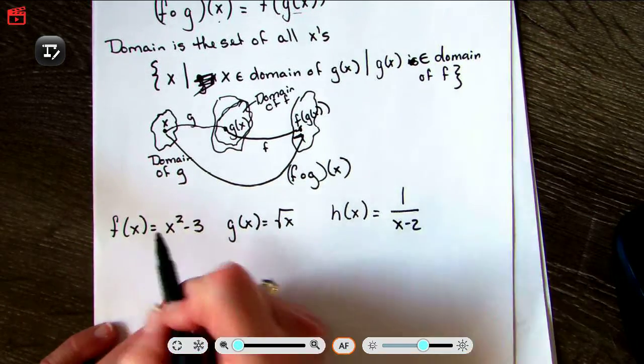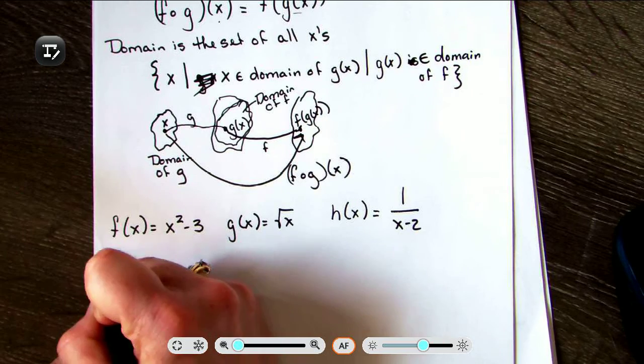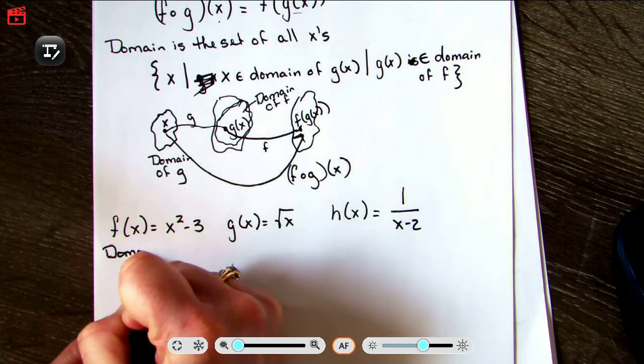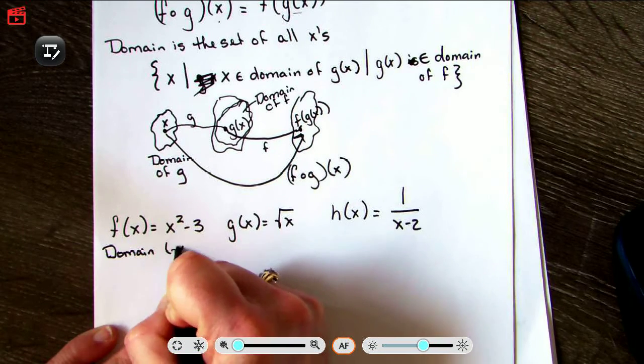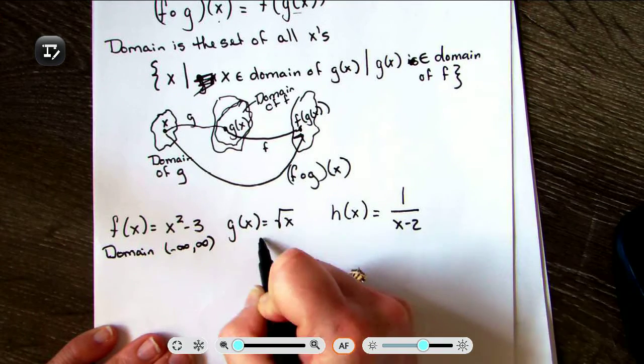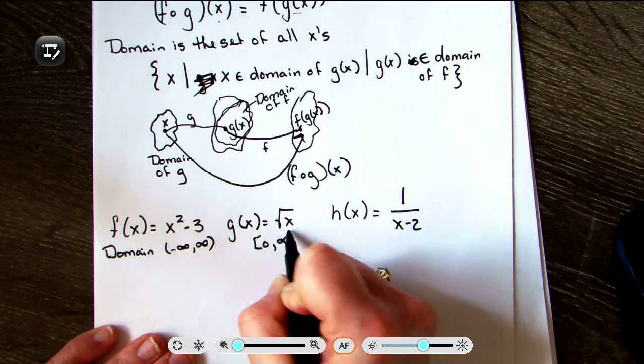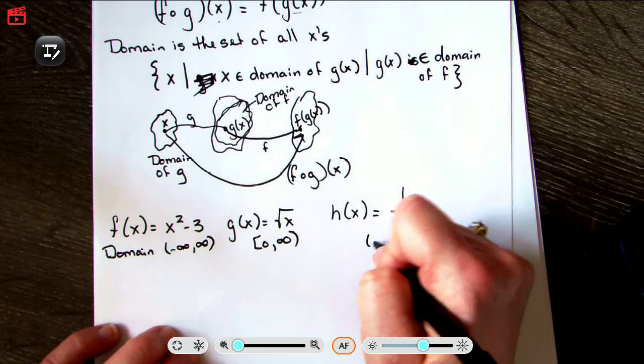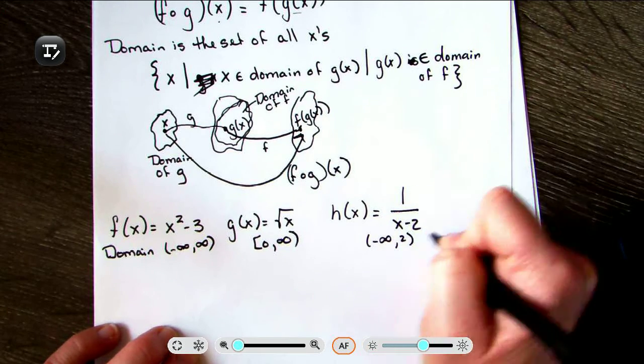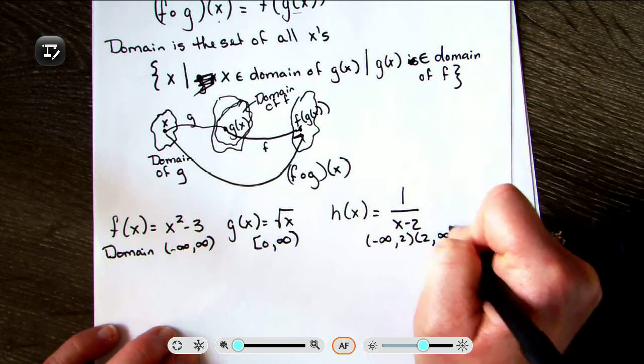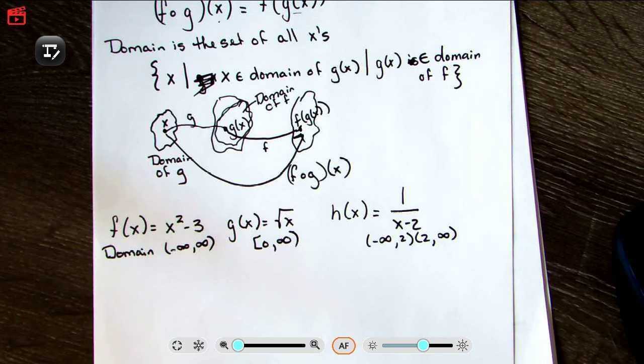Just as a reminder, I'll put our domains: for f, all real numbers; for g, the positive numbers; and for h, everything but 2. We had to throw 2 out, because that made a 0 in the denominator. We couldn't use negatives for g because that gave us a square root of a negative.